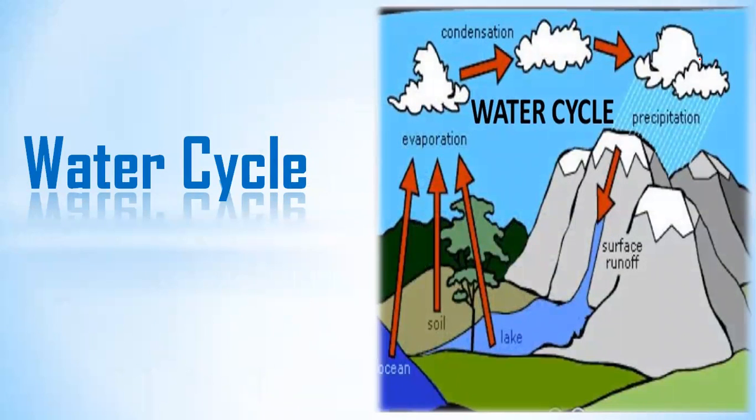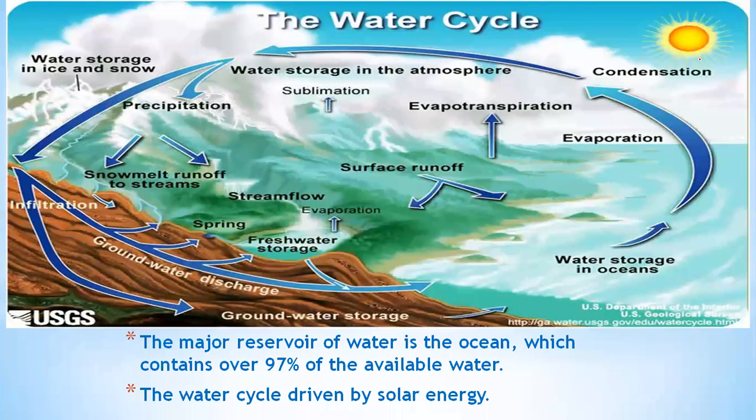So in biogeochemical cycles, we will talk about the water cycle first. As you know, water is recycled again and again, and it is never lost. 97% of water reservoirs are available in the oceans, or we can say in the ocean form, water is available at 97%.